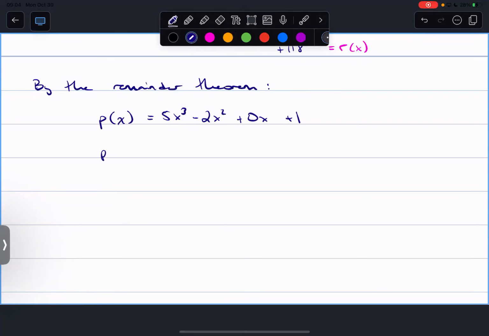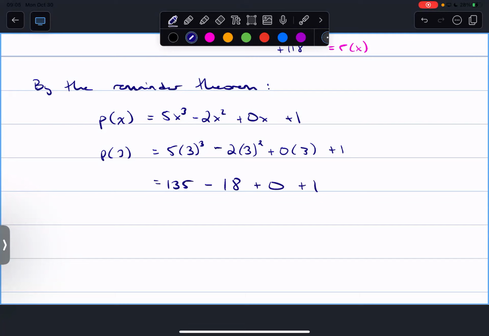I'll do P of x and then P of 3. 5 times 3 to the 3 minus 2 times 3 squared plus 0 times 3 plus 1. 27 times 5 is 135. 9 times 2 is 18, plus 0 plus 1.